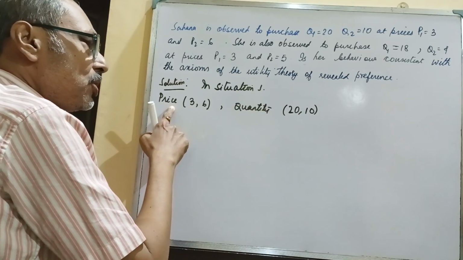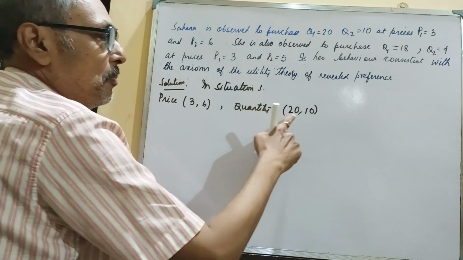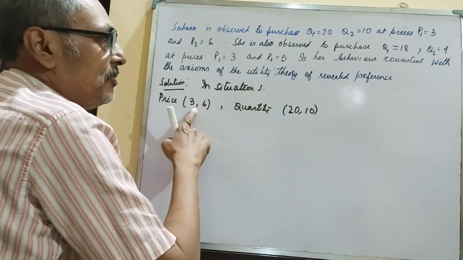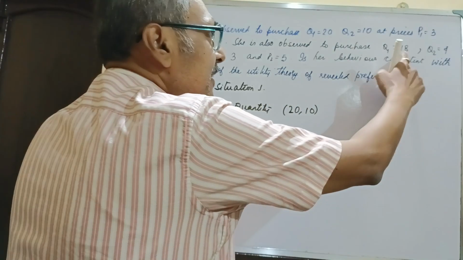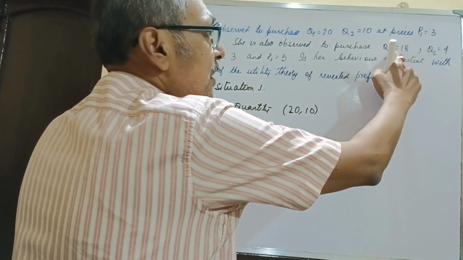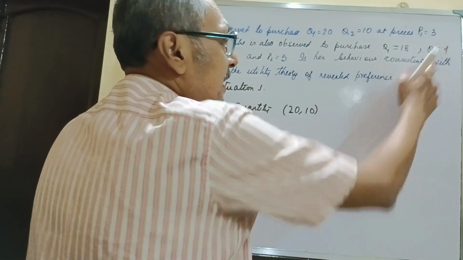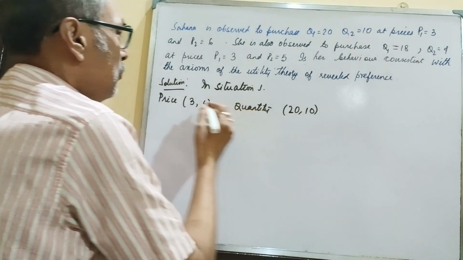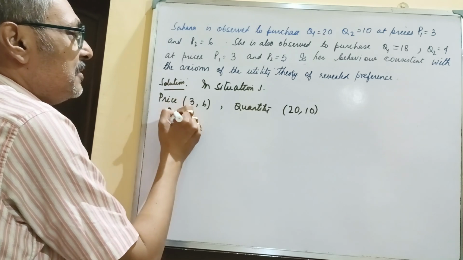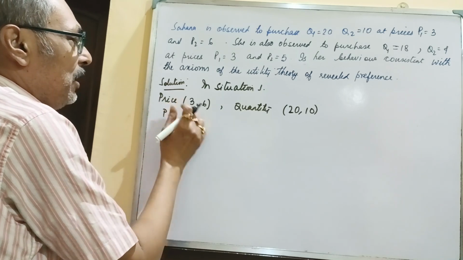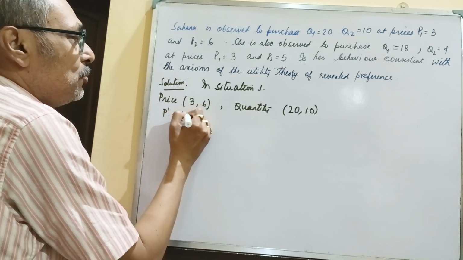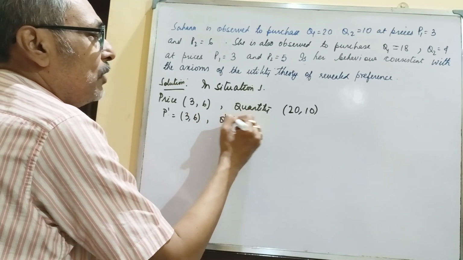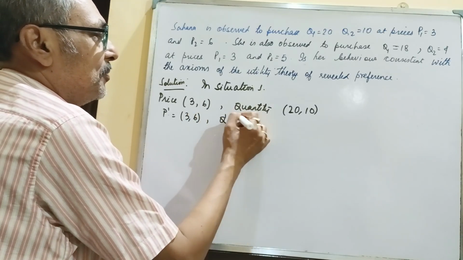In situation 1, the consumer buys this quantity at this price. Now there is another quantity, Q1 equals 18, Q2 equals 4. We call this situation 1, with prices 3, 6 and quantities 20, 10.